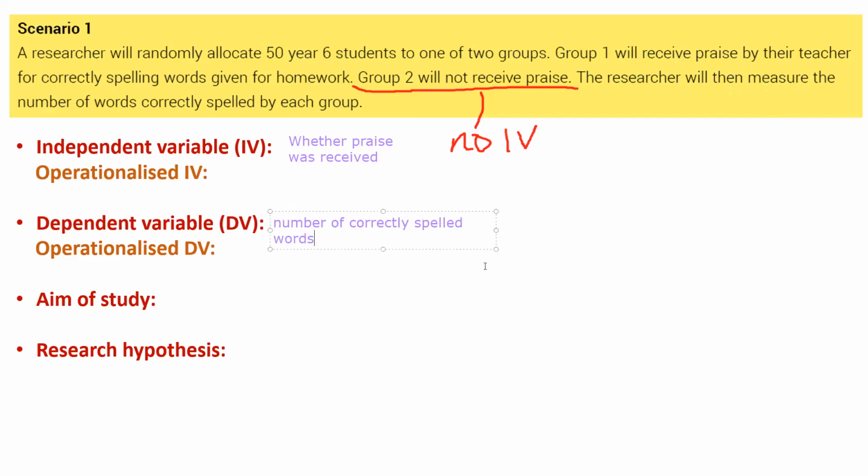Okay, so that's going to be our DV there. Oh, you know what? Number of correctly spelled words is kind of operationalizing. We could even be more general. We could even just say spelling ability, or ability to spell or capacity to spell, any of that would be fine. So that's going to be our simple IV and our simple DV.